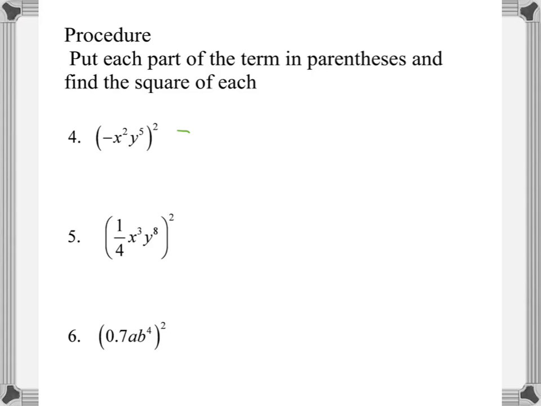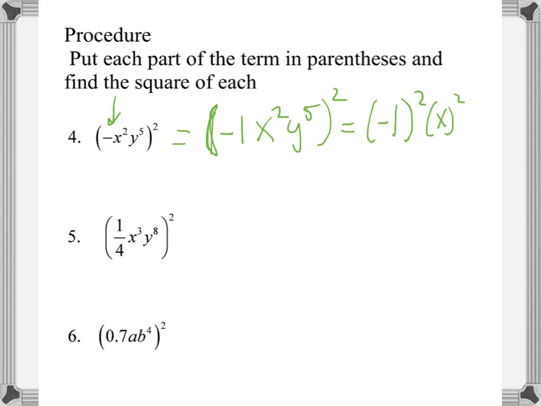Okay, this next one is sometimes confusing to students because you have a negative on the outside and they think, well, what is that? There's a couple different ways to think about it. It's best to think of that as a negative 1 as a coefficient in this case. So I'm going to rewrite my monomial this way: negative 1 squared, x squared quantity squared, and then y to the 5th quantity squared.